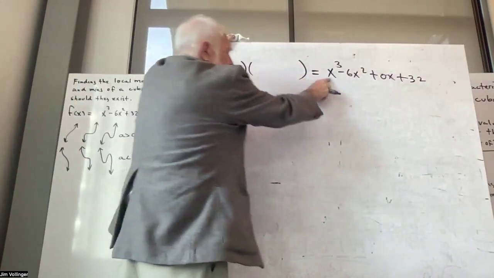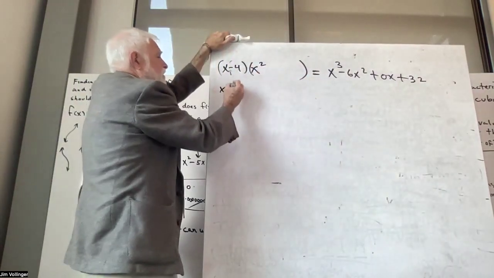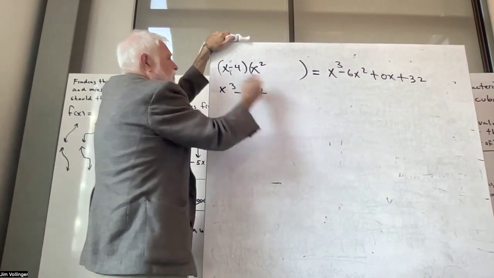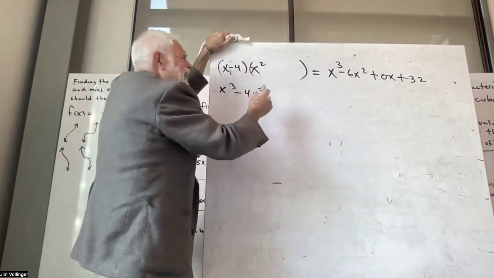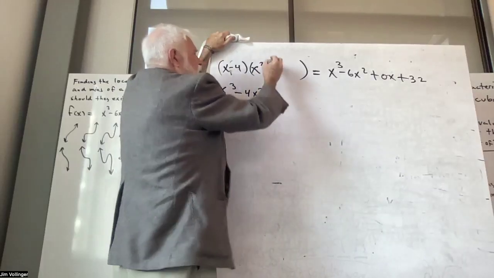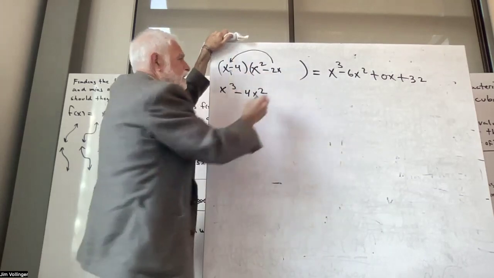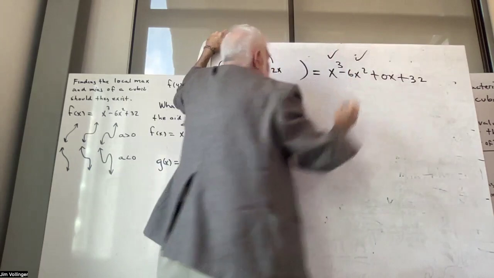So x times what is x cubed? x squared. All right. So now I have x cubed minus 4x squared. If I multiply that out, I want minus 6x squared. I think I need another minus 2x here, because minus 2x times x is minus 2x squared. Bingo, bango.